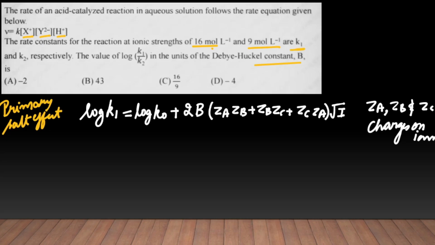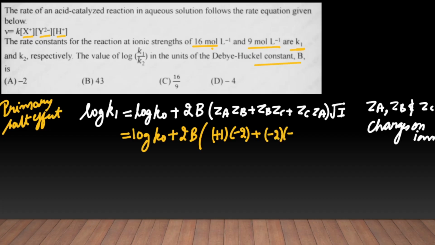So you can write it as log of K1 and substitute the values of the charges and the ionic strength. It becomes 2b. Now Za is plus 1, Zb charge is minus 2, so we substitute minus 2 into plus 1, plus plus 1 into plus 1, into the root of ionic strength 16.